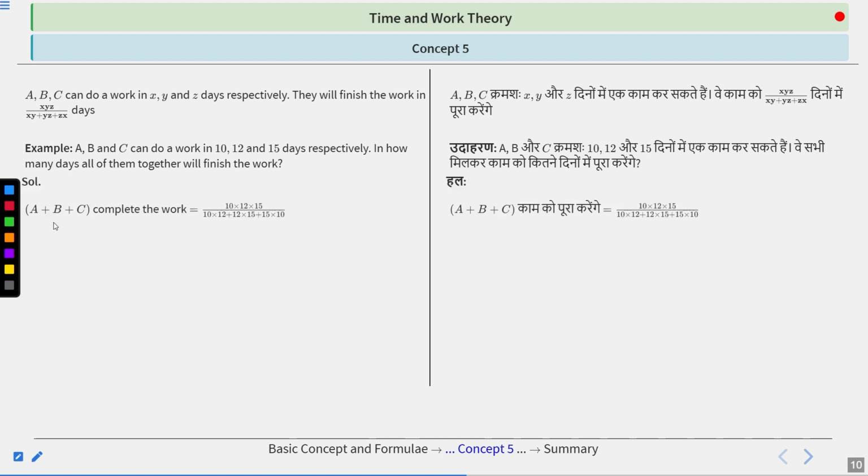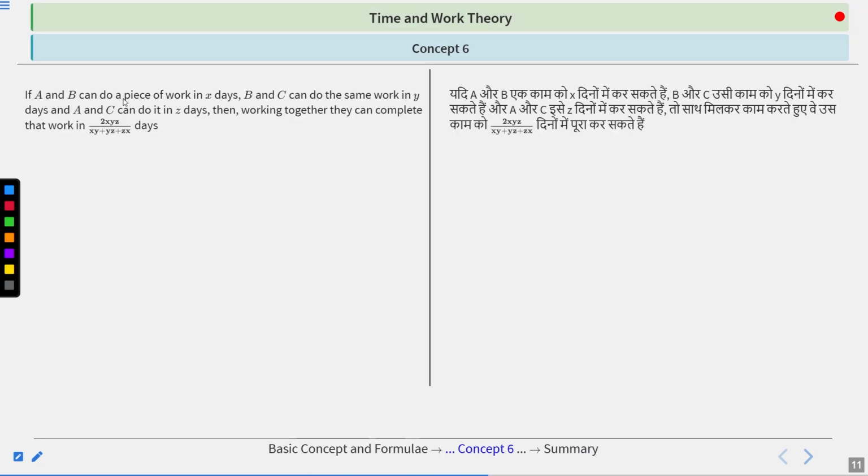So A, B and C can complete the work by this formula, x into y into z. So x will be 10, 12 and 15. So 10 into 12 into 15 upon x into y plus y into z plus x into z, which becomes 10 into 12, 12 into 15 and 10 into 15. So when we solve it, we get 1800 upon 120 plus 180 plus 150. So it will become 4 days. Clear? Next concept.